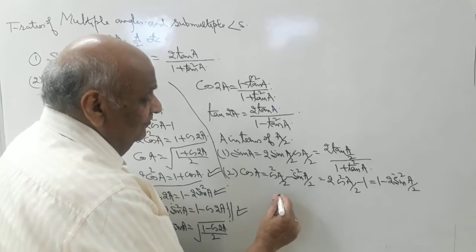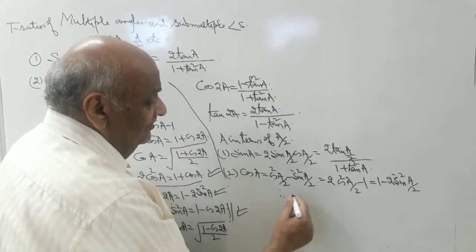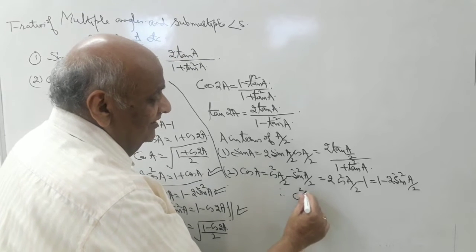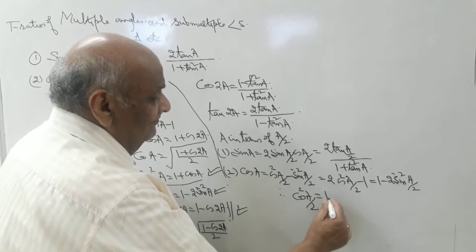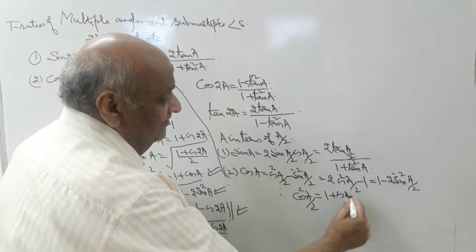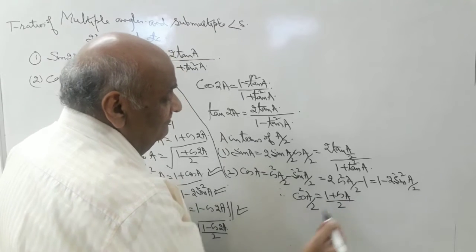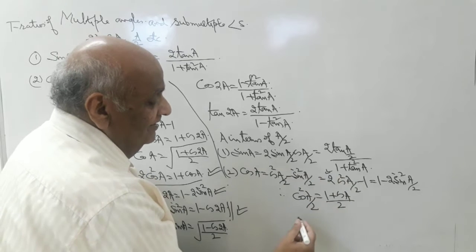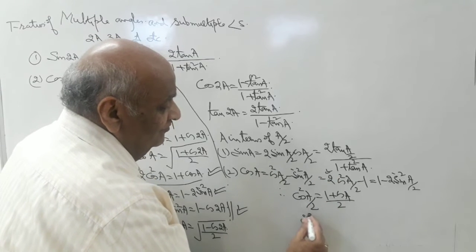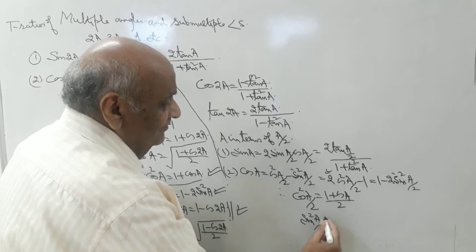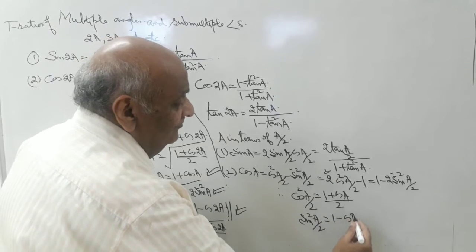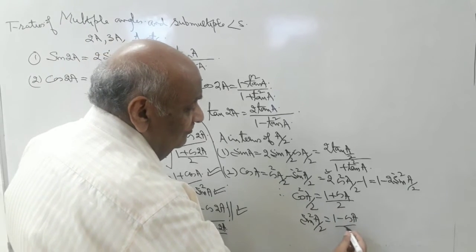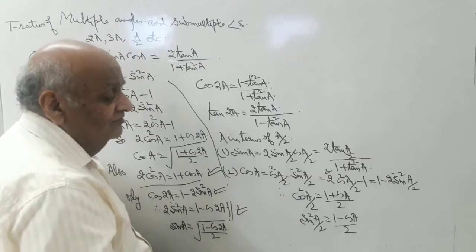Therefore cos square A by 2 is 1 plus cos A upon 2. Again we can call it a corollary. Similarly, sin square A by 2 is equal to 1 minus cos A upon 2.